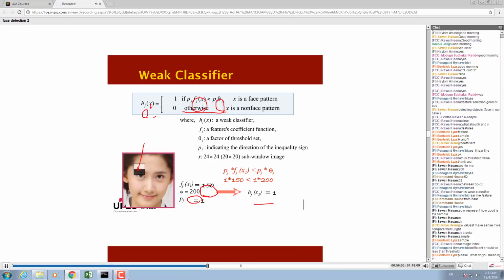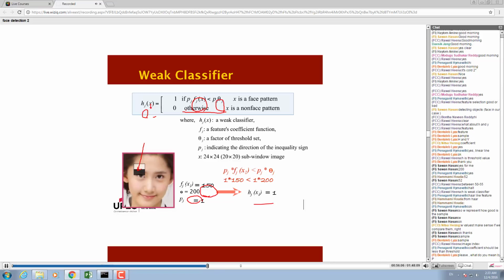Another question, feature coefficient Fj. Coefficient is not the proper word.